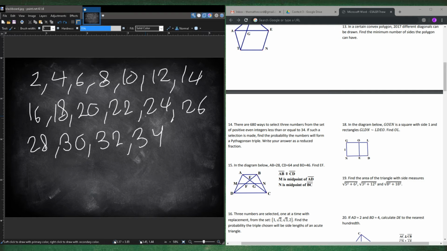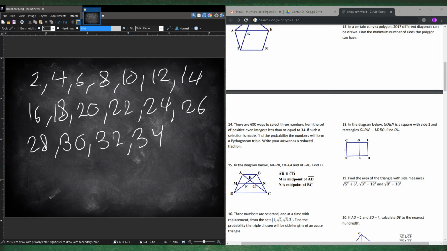You just gotta make sure that it's the right one. So you put 34: 2 doesn't work, 4 doesn't work, 6, 8, 10, 12, 14, 16. So 34, 16, and 30 works.